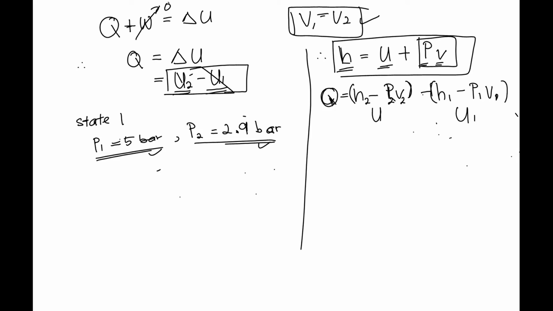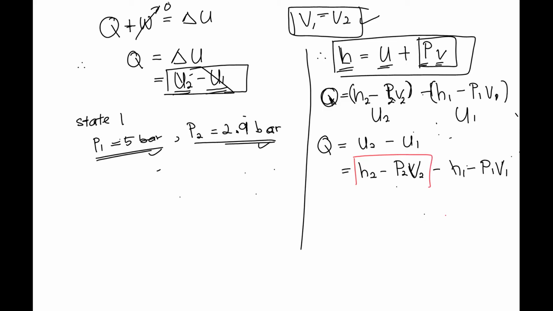U is the specific internal energy at state 1 and at state 2. Q is equal to U2 minus U1, which is equal to H2 minus P2 V2 minus H1 minus P1 V1.